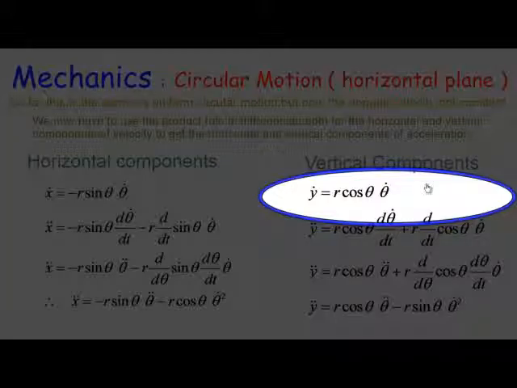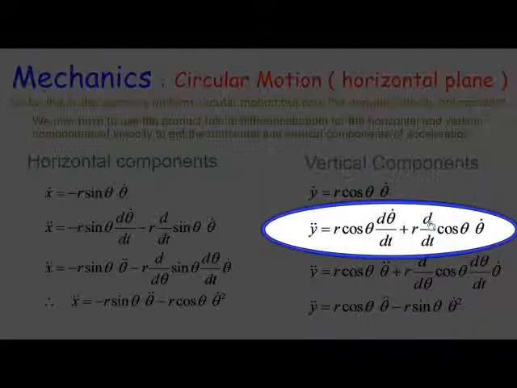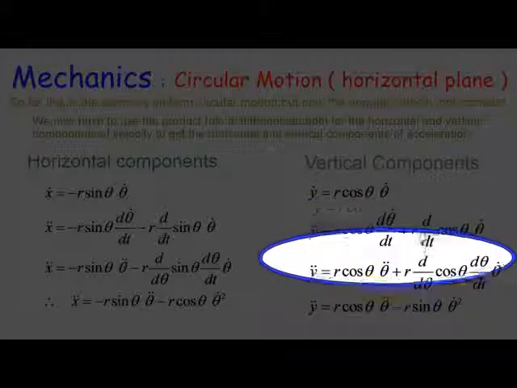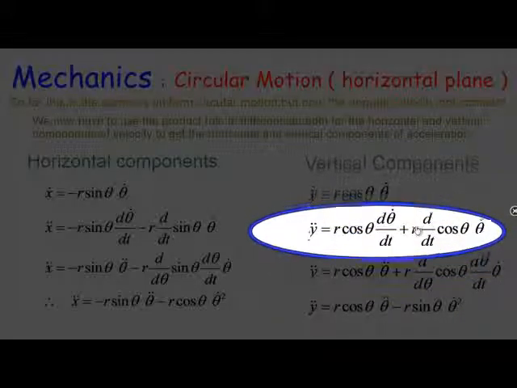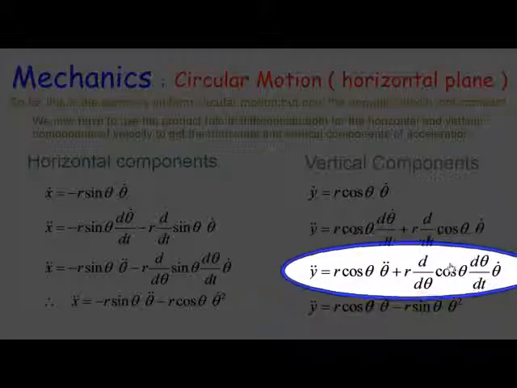So y dot, again, we have two functions, r cos theta and also theta dot. Both theta and theta dot are changing with respect to time, therefore we use the product rule again, and we do the same sort of thing, and we end up getting d theta dot/dt, theta double dot, and we also get a d theta/dt by theta dot.